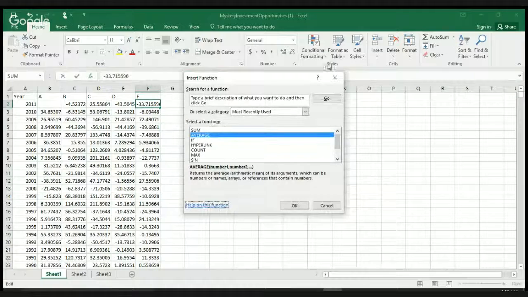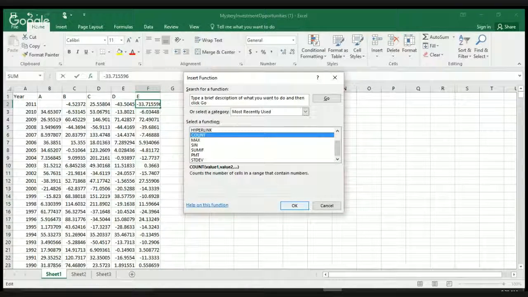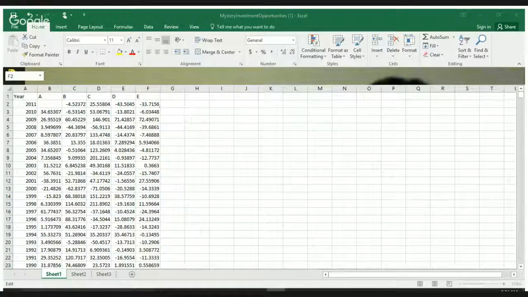Okay, so wait, let's see. There's sample size here. What about count? Count. Yeah. Counts the number of cells in a range that contains numbers. Yep. That might work. Okay, can you see my help screen here? I think you would need to click on your column.